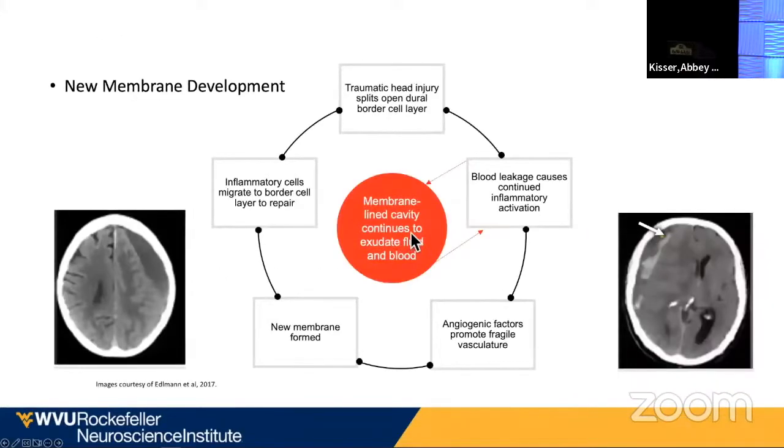So we have this cycle of traumatic injury with initial subdural hematoma followed by inflammatory activation, angiogenesis, development of very fragile vasculature, and inflammatory membranes that keep on bleeding and repeating the cycle.